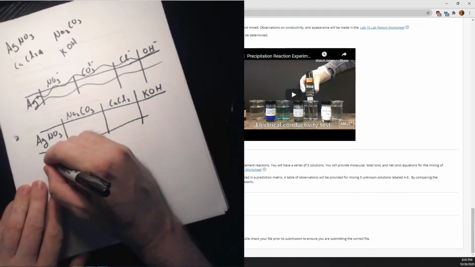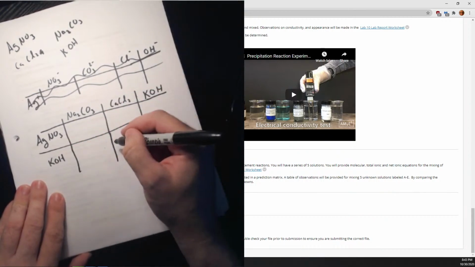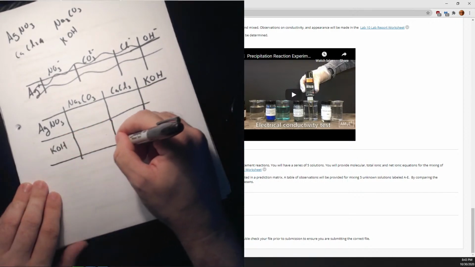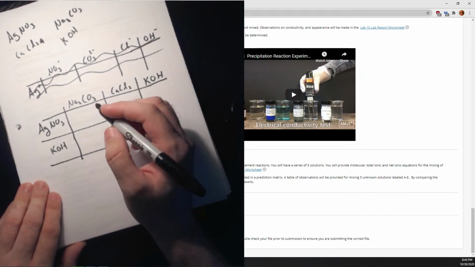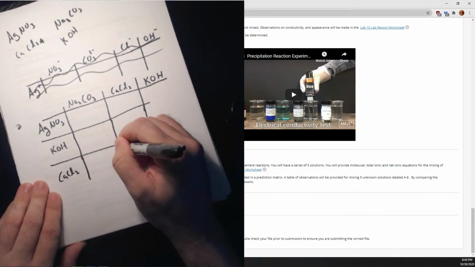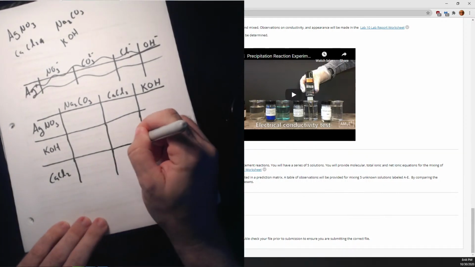And then potassium hydroxide. What happens if you mix that with sodium carbonate or calcium chloride? Finally, calcium chloride. Okay, what happens if you mix that with sodium carbonate?